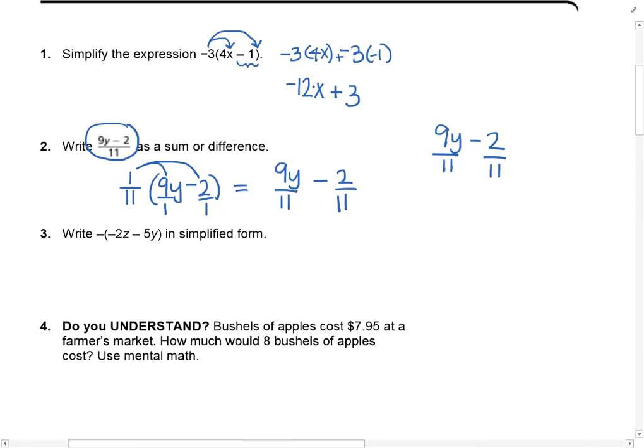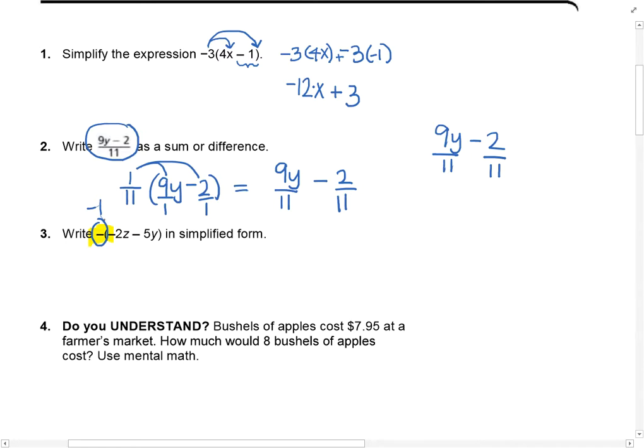All right, number 3. Here we're distributing a negative sign. So this right here is what we're distributing. Well, not all of that, just this part. And you can think of it like multiplying times -1 if you'd like. What distributing a negative does is it changes the signs of the things on the inside, the terms. So here we have a negative times a -2z.